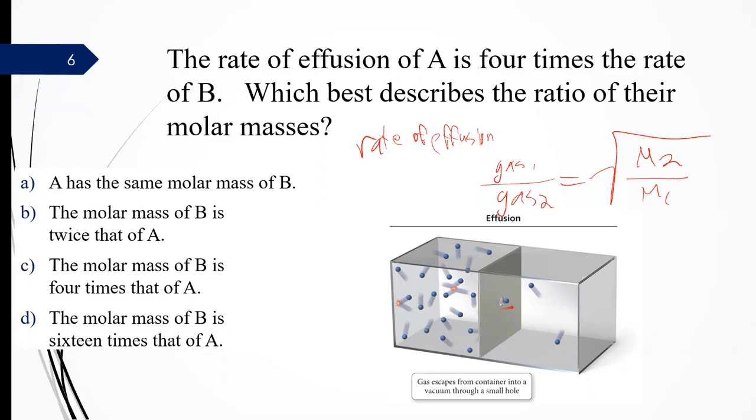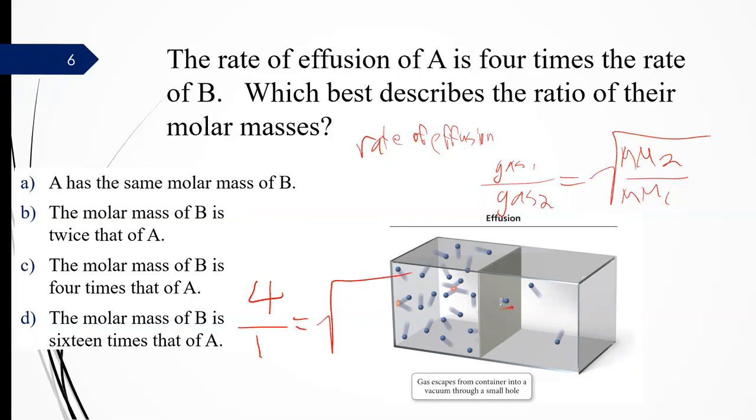So this is where we see some mistakes that happen when people are using this equation, is that we forget to put gas 1 and its molar mass down at the bottom. Here we use 2 m's to do molar mass. So this is telling us that the rate of effusion of A is 4 times the rate of B. So that's A to B, so that's 4 over 1.